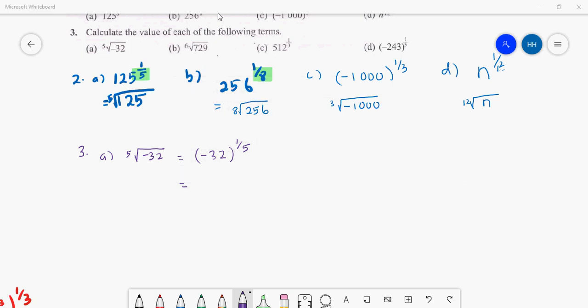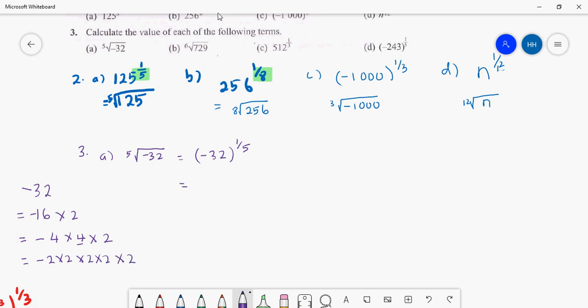How do you find the power for the number in base 2? You can simplify the number. Negative 32 is equal to negative 16 times 2, right? And negative 16 is equal to negative 4 times 4, and then times 2. And negative 4 is equal to negative 2 times 2, and this 4 is equal to 2 times 2, and this is times 2.